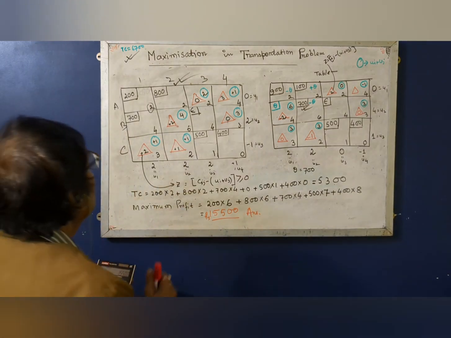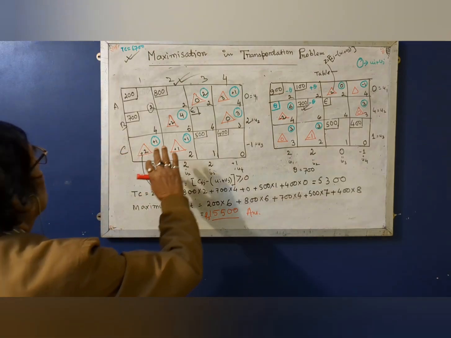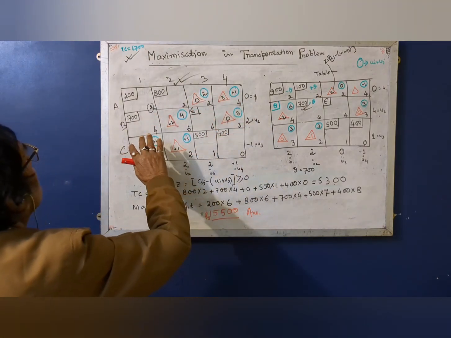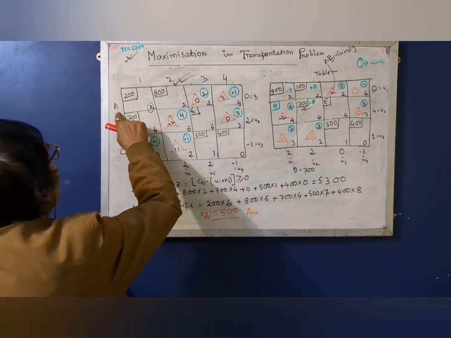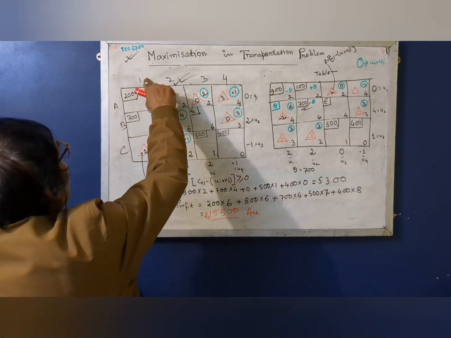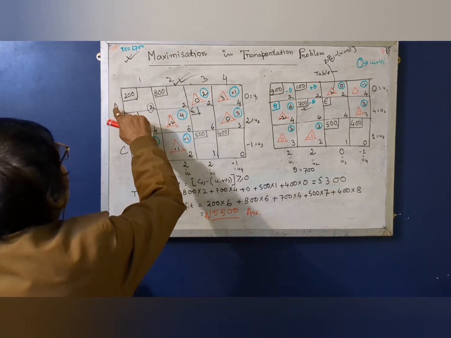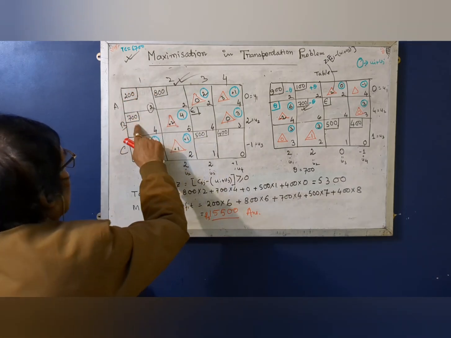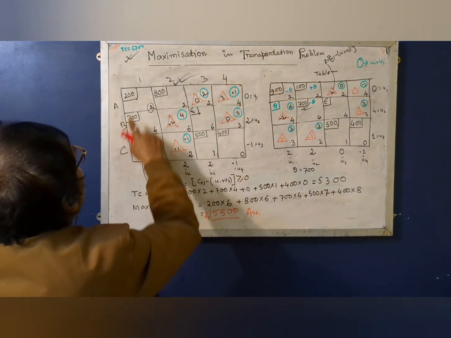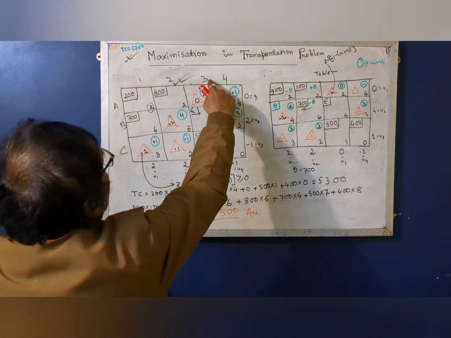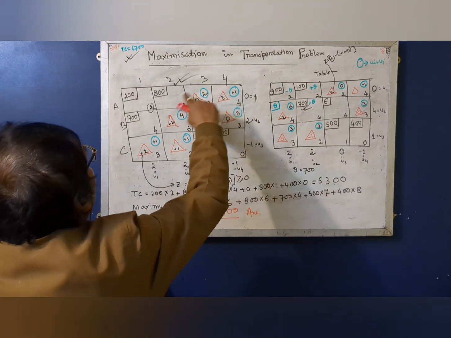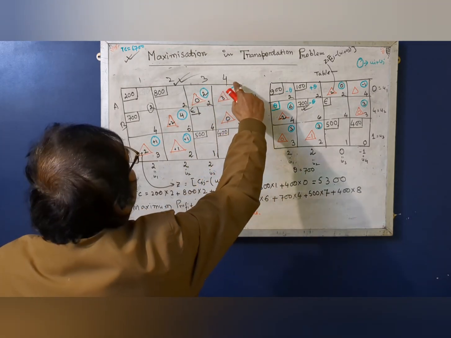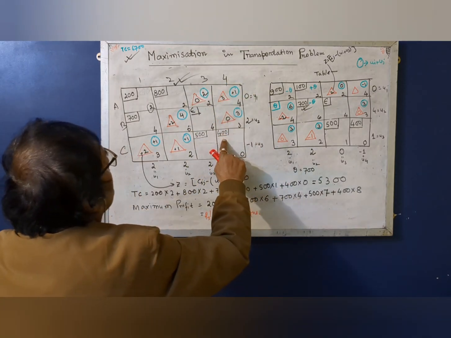Then what will be your answer? Your answer, this is the best allocation. That means you have to shift from factory A to dealer 1 200 units, from factory A to dealer 2 800 units, from factory B to dealer 1 700 units, from factory C to dealer 3 500 units, and from factory C to dealer 4 400 units.